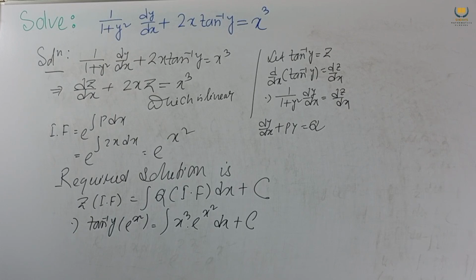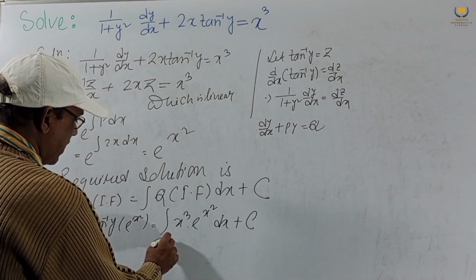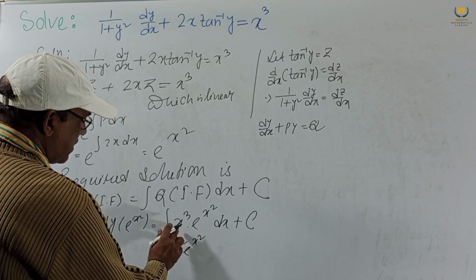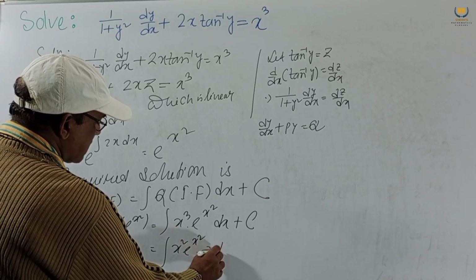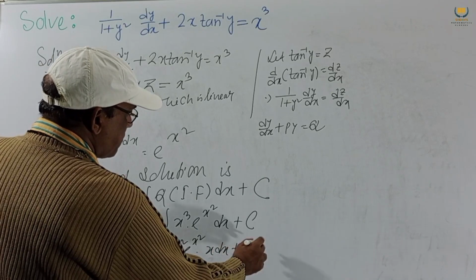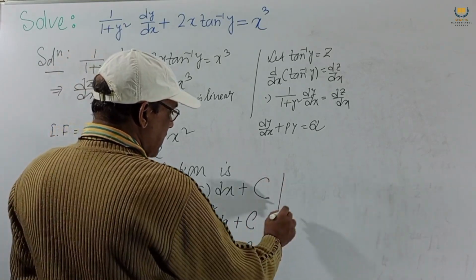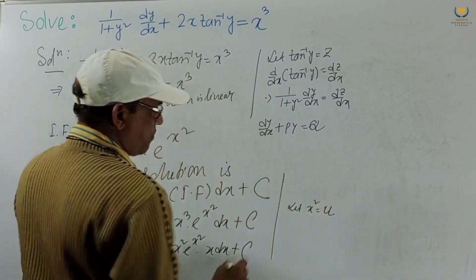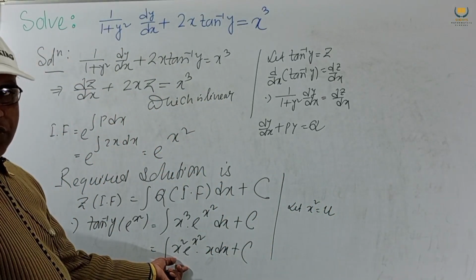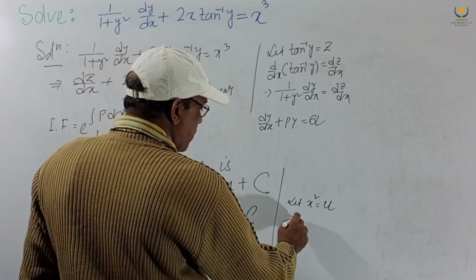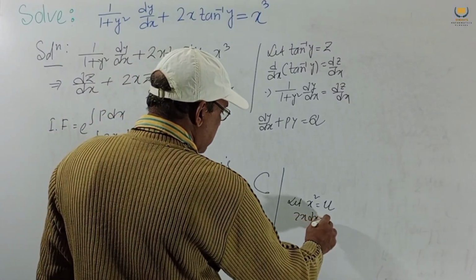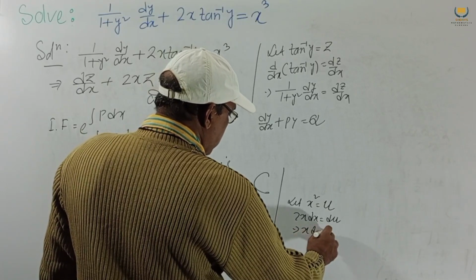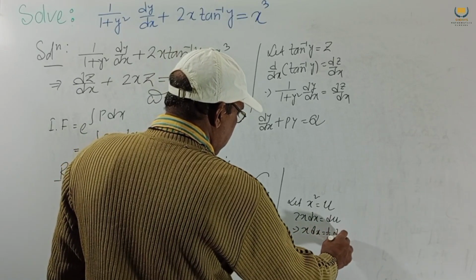We get this one, and we write this x square e to the power x square, and this is x dx plus c. Now we consider, let x square equal to u, another variable, substitution method. So this will be twice x dx equal to du, x dx equal to 1 by 2 du.